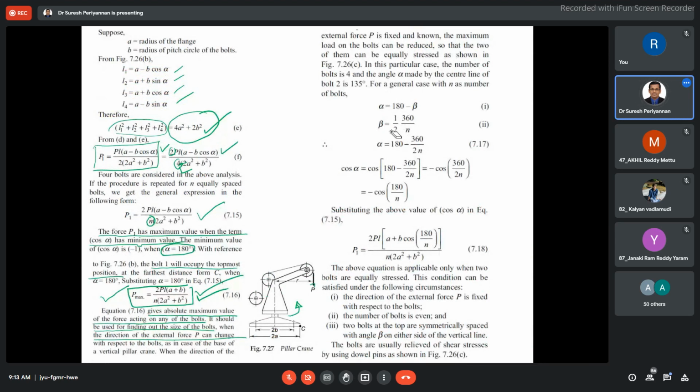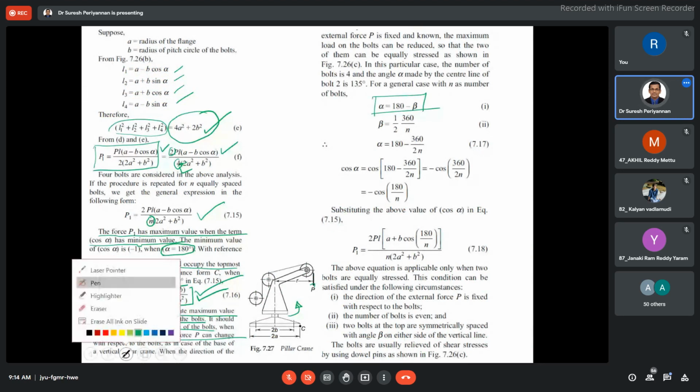Alpha is equal to 180 minus beta. Now what is beta here? Beta is nothing but the angle between each bolt, and beta is the same for all bolts.